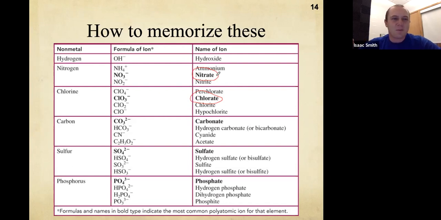The next slide will probably show this better. There's a number of different polyatomic ions that you can get from nitrate. That's what I'm saying. One is shown here: if you lose an oxygen, it becomes nitrite. And so it looks like there's a lot of polyatomic ions, but a lot of them are just related to each other.